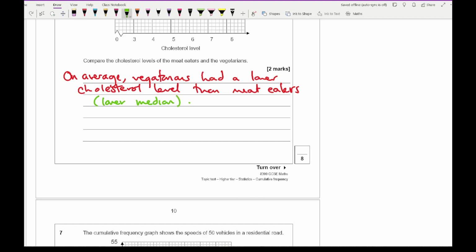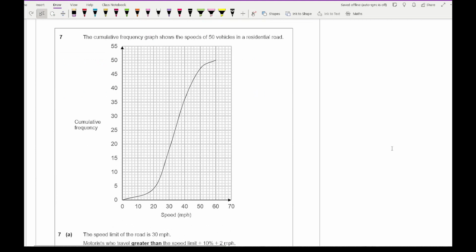If you want to quote the values, that's fine. Then we can also say that meat eaters were more consistent as they had a lower interquartile range.